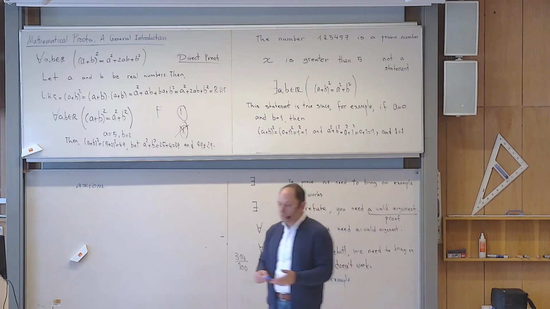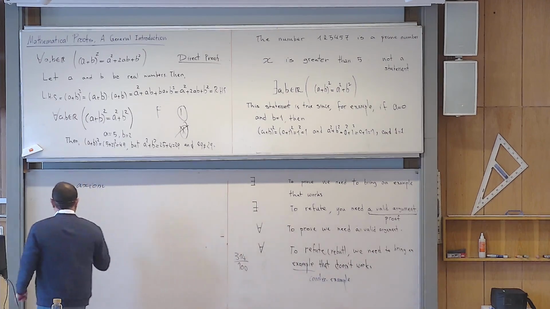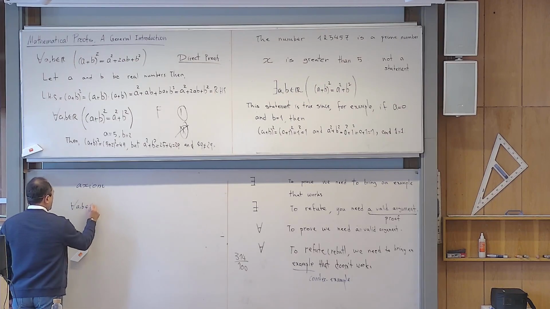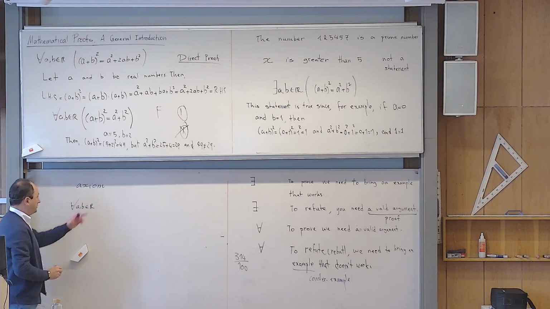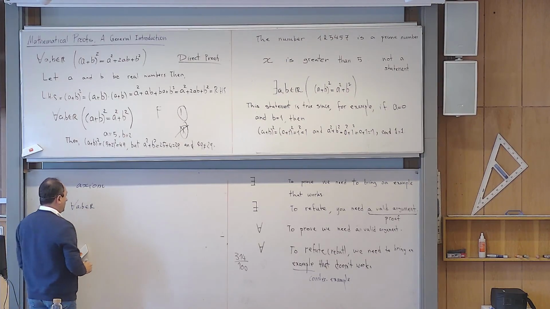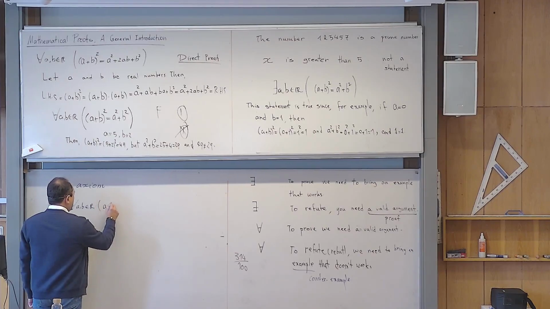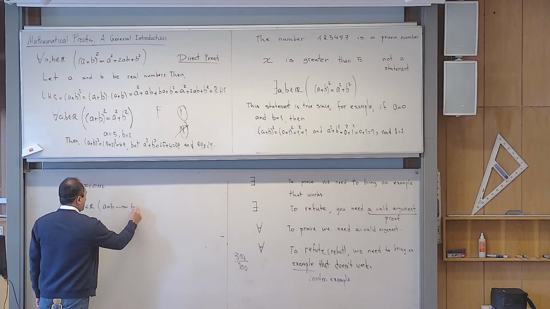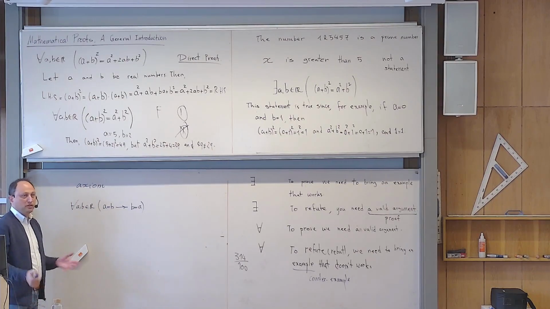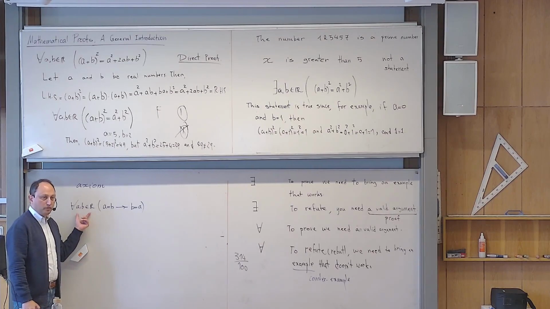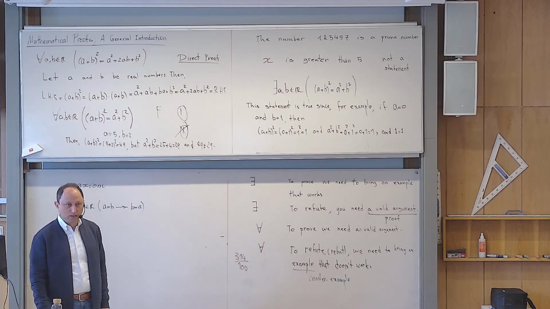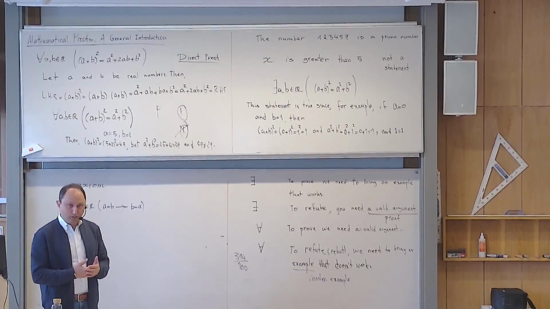Okay, for example, a good example in the book is this. For all A and B in R, of course they haven't mentioned it like this, but now you're familiar with these symbols, if A is equal to B, then B is equal to A. Or if you don't like these symbols, let us just say: for all real numbers A and B, if A is equal to B, then B is also equal to A. This is a statement, do you agree with me?